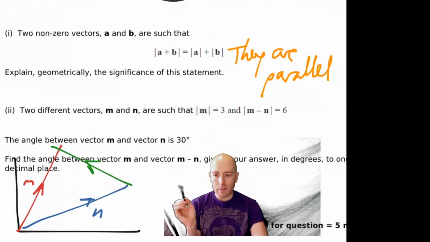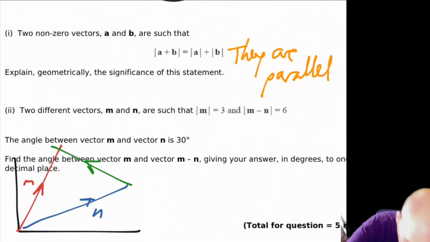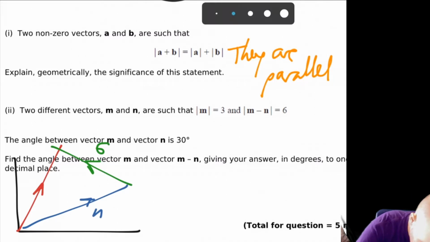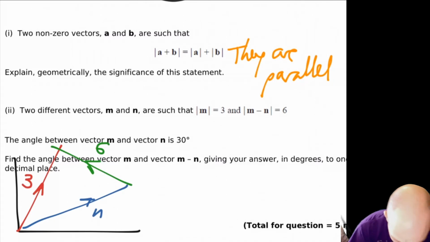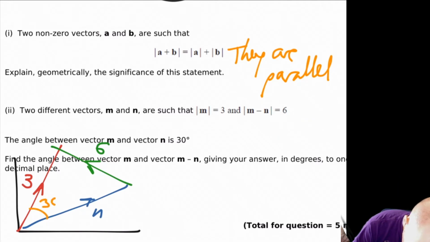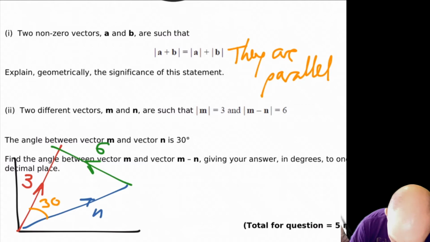So we know this length here is 6. We know M has a length of 3. We're told the angle between M and N is 30, so we know this angle here is 30. And we're trying to find the angle between M and M take N. So we want to try and find this angle here.